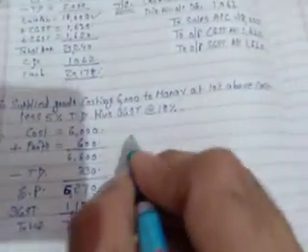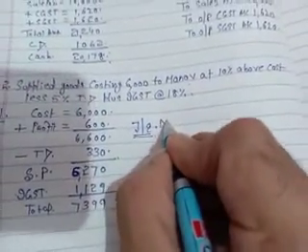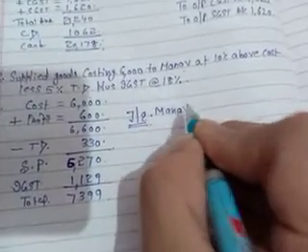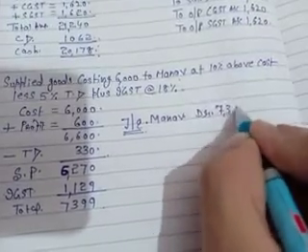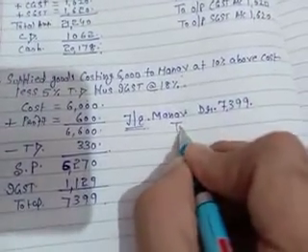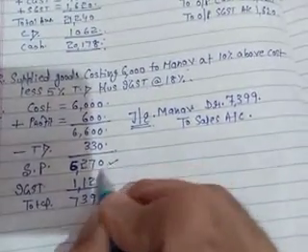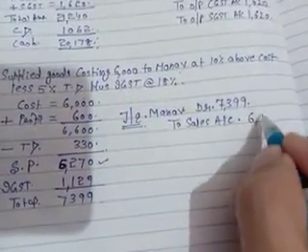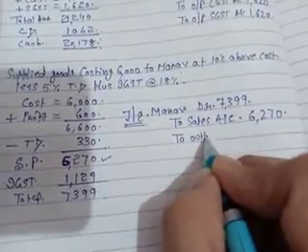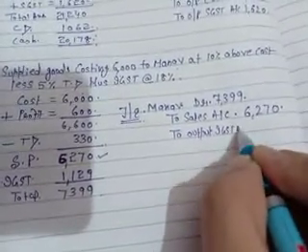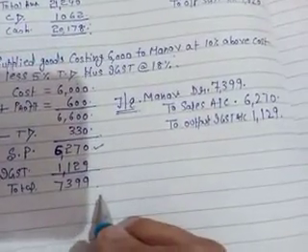So our journal entry will be Manav debit 7,399 to sales account. Sales is 6,270 to output IGST account 1,129 rupees. Clear?